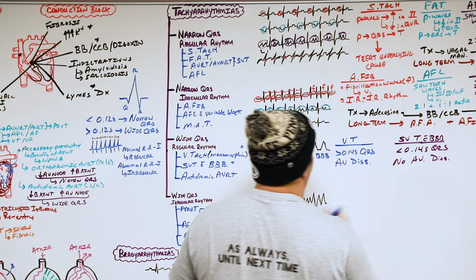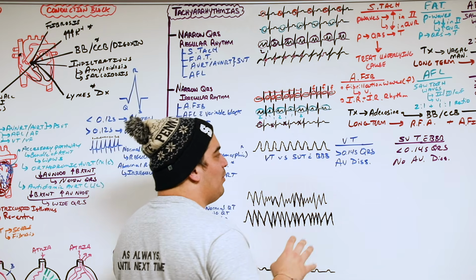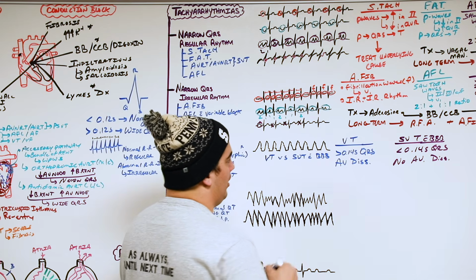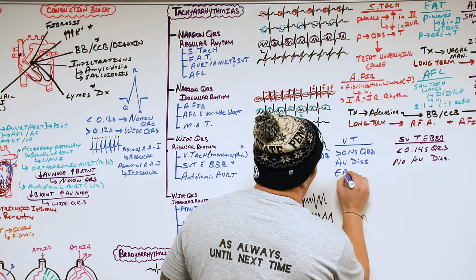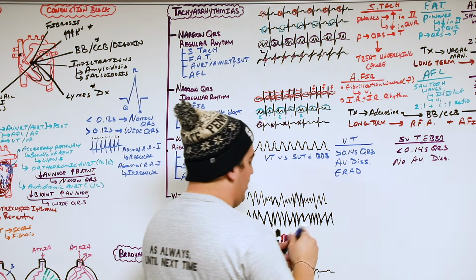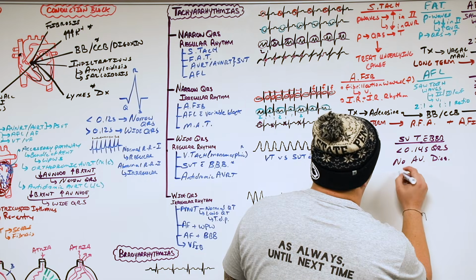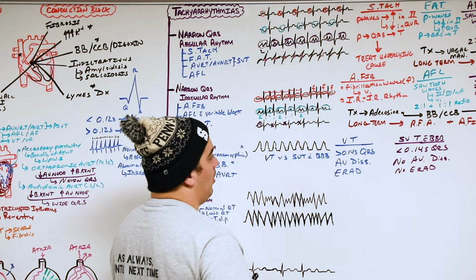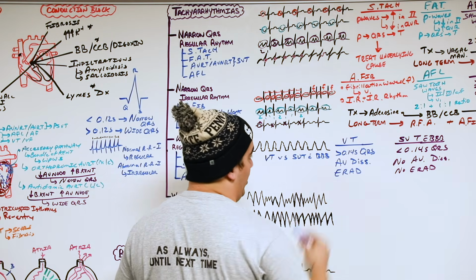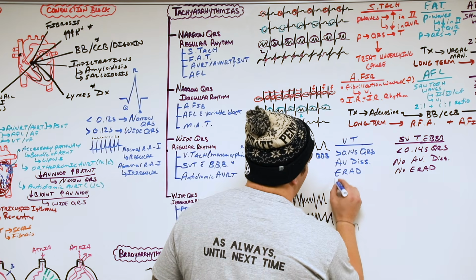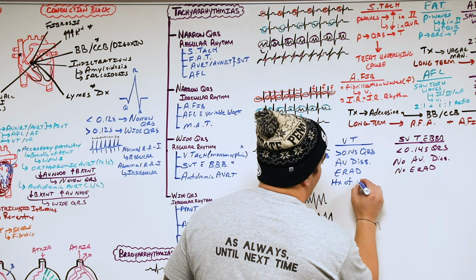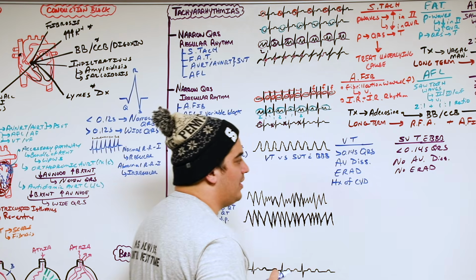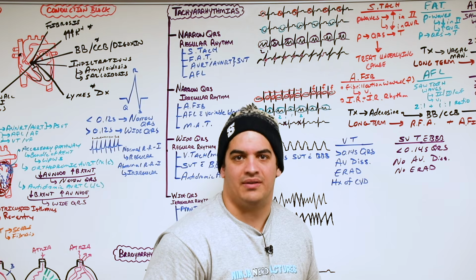The next thing here, with VTach, there's something we'll talk about in another EKG series called extreme right axis deviation. Usually VTach has extreme right axis deviation, whereas SVT with aberrancy does not. And last but not least, which I think is probably one of the most important ones because sometimes this can be really difficult to identify, VTach usually comes with a history of some type of cardiovascular disease, usually in older patients, greater than 35 years of age.